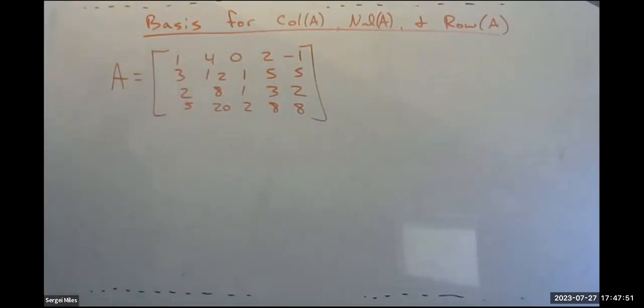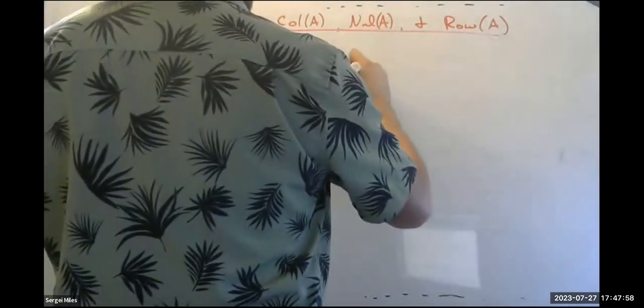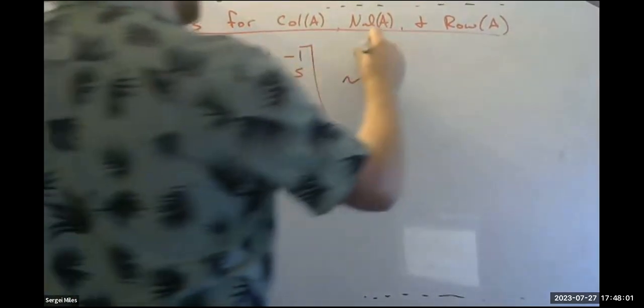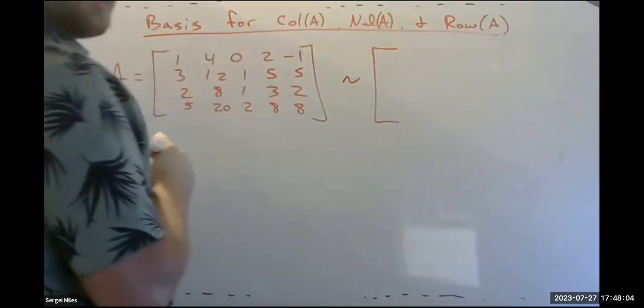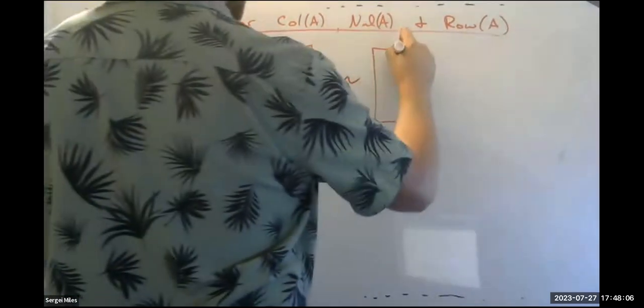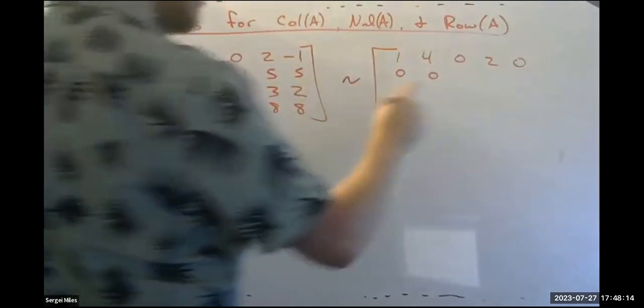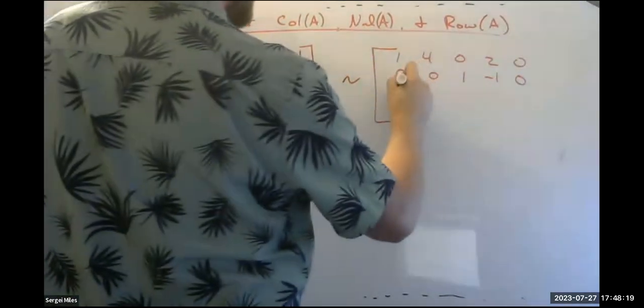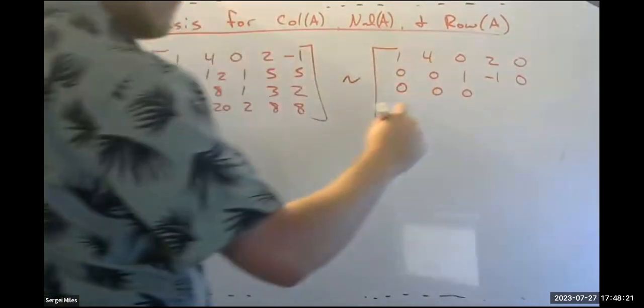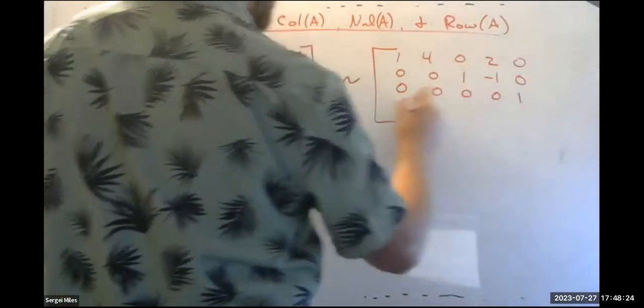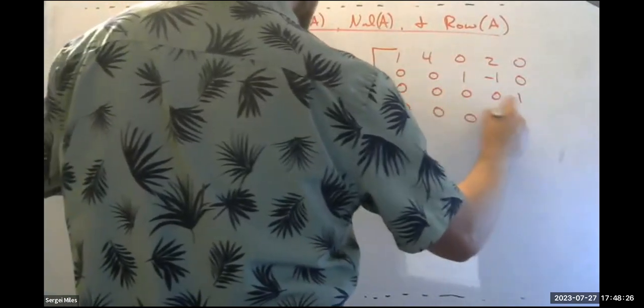Okay, so we have this matrix. I'm also going to save us the trouble and tell you what the reduced echelon form of this matrix is. The reduced echelon form of this matrix is 1, 4, 0, 2, 0, 0, 0, 1, -1, 0, and then 0, 0, 0, 0, 1, 0, 0, 0, 0, 0.